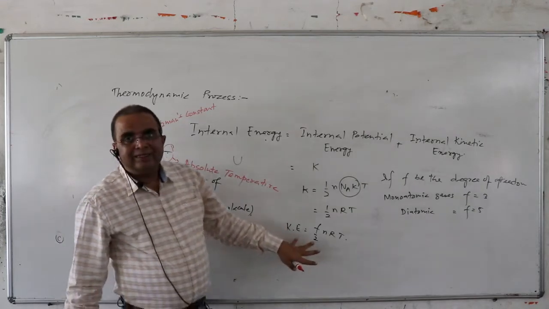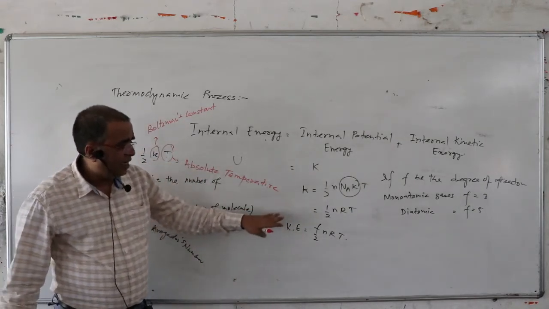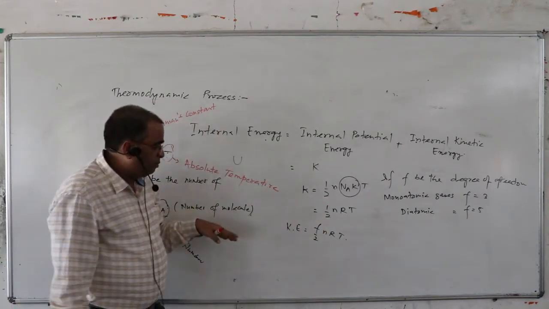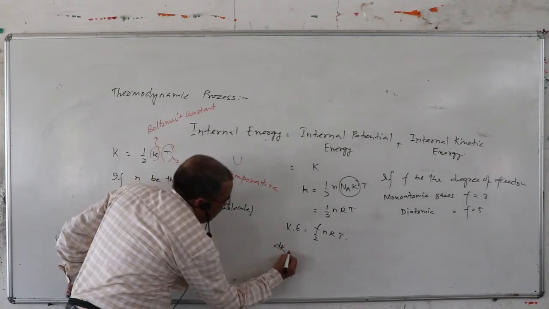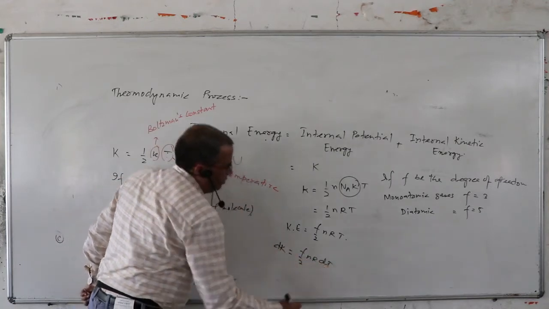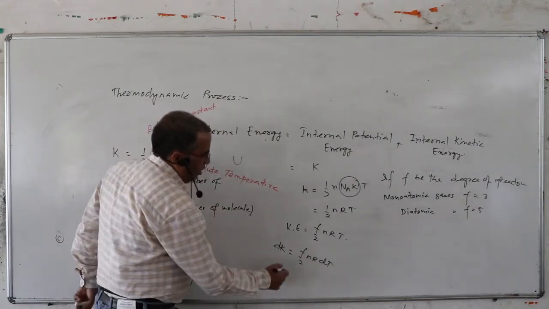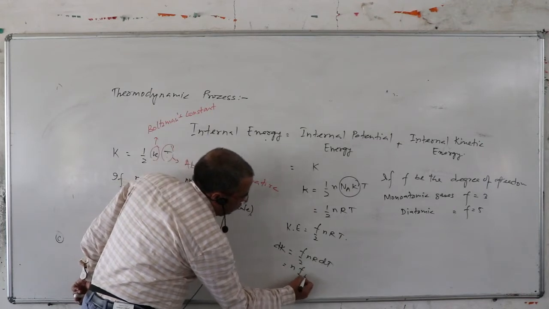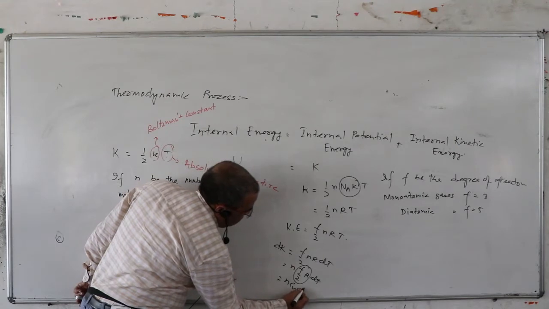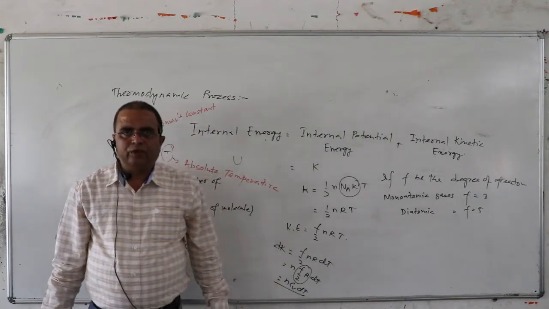This is the internal energy of the gas at temperature T. If I differentiate both sides, dK will be F by 2 nR dT, or n into F by 2 R dT. The term F by 2 R is used as Cv, called molar specific heat at constant volume.